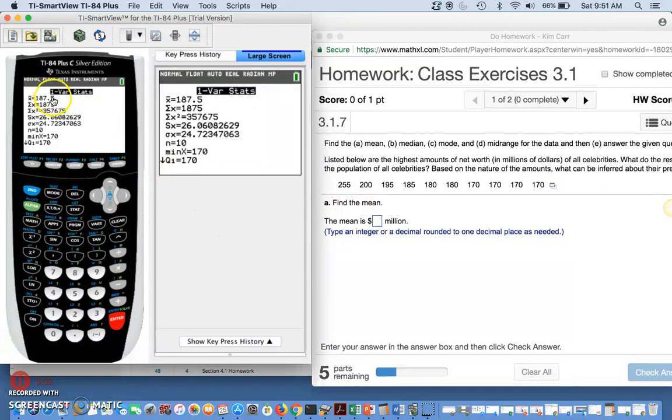Okay, so now X bar is what the mean is. That's the sum of the x's. The next one, sigma x squared, is each x squared and added up. S of x is the standard deviation for the sample, and sigma x is the population standard deviation.